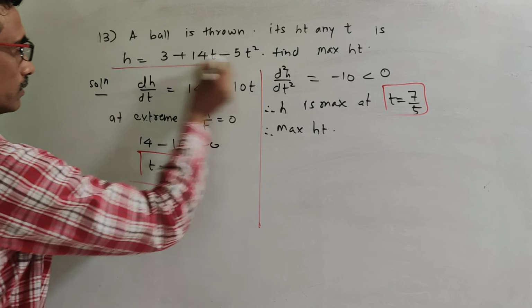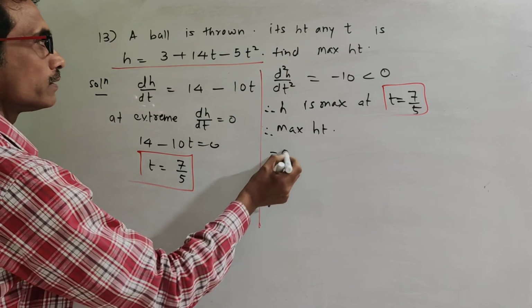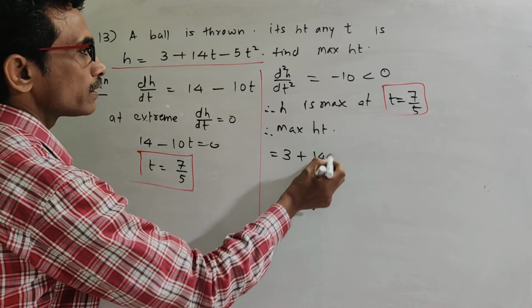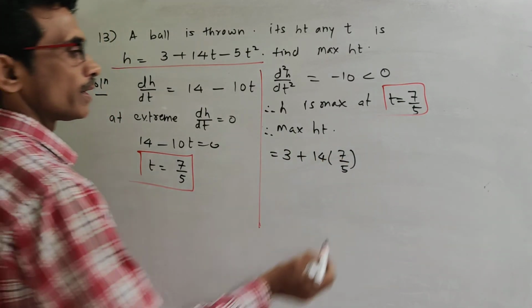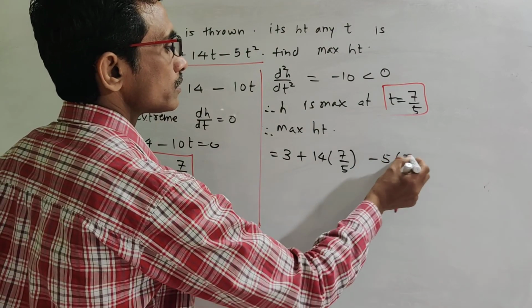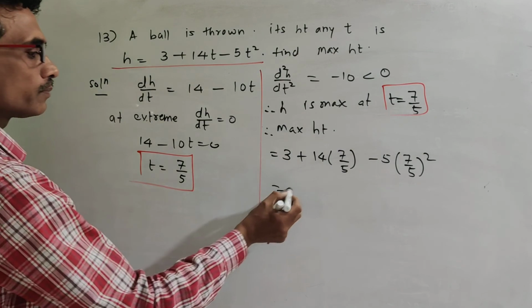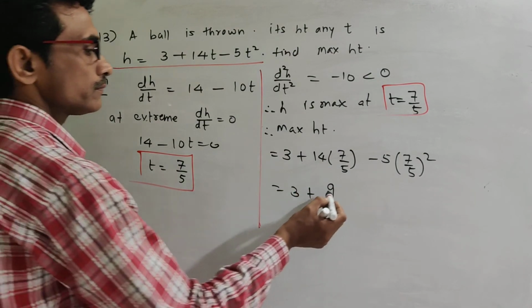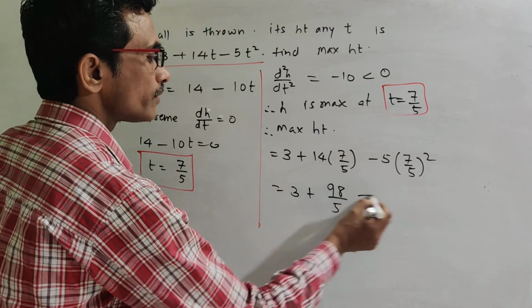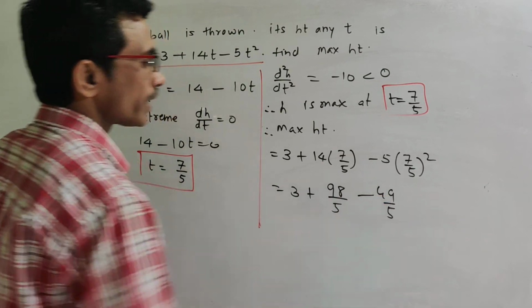So we put t equal to 7 by 5 here. That will be 3 plus 14 into 7 by 5 minus 5 into (7 by 5) whole square, which is 3 plus 98 divided by 5 minus 49 upon 5.